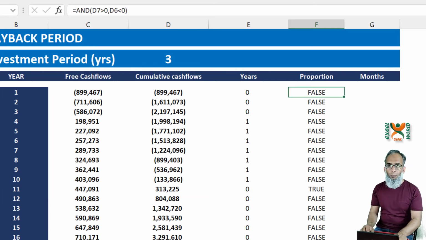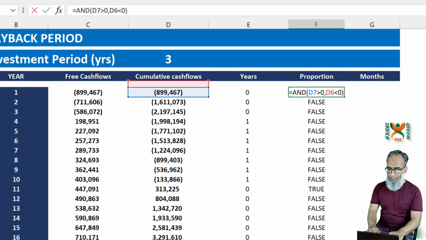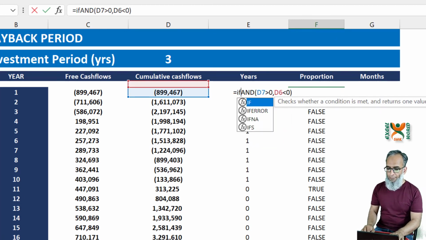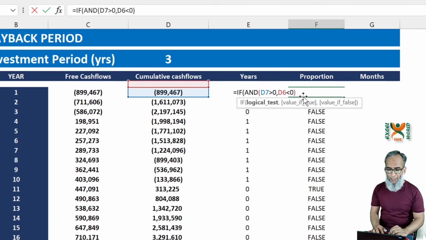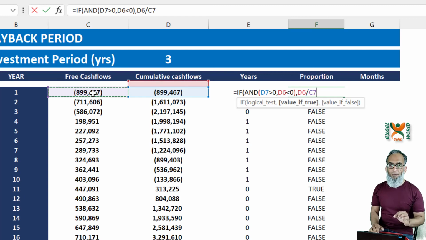So we are going to top up this logic with the calculation. If this logic is true, then what it should do is that it should take up the last year's cumulative negative cash flow and divide it with the current year's cash flow.